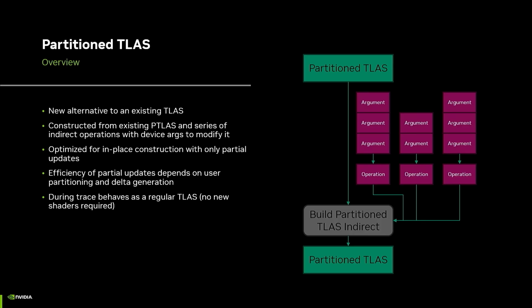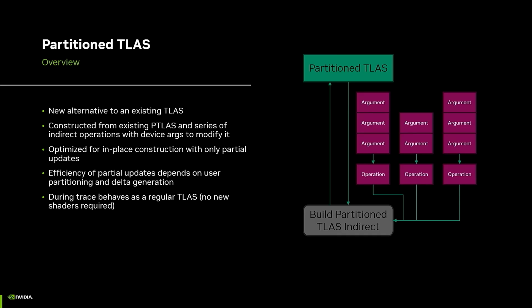So an operation might be change this instance or change this partition, and then the arguments would be how you would change all the instances or partitions. It is optimized to do these updates, and you can also do these updates in place, so you don't have to copy to a new destination all the time. In that case, we only do the modifications needed.